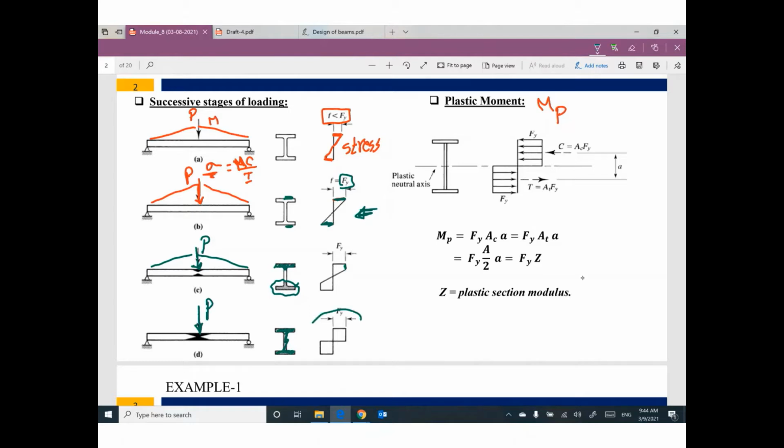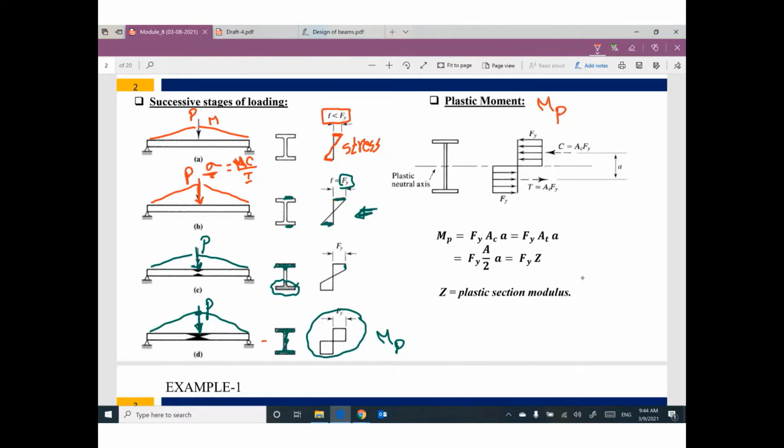At this exact time, the maximum bending moment can be called plastic moment. Plastic moment means the whole cross section is yielded.